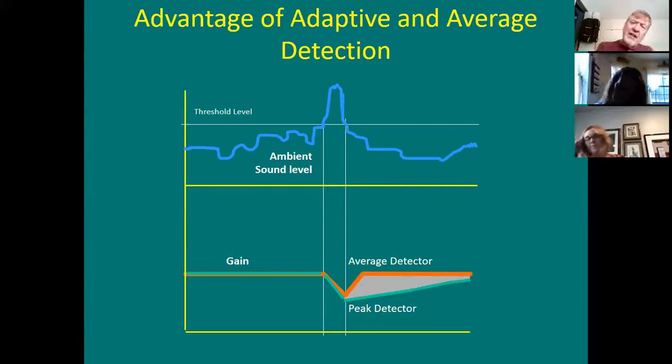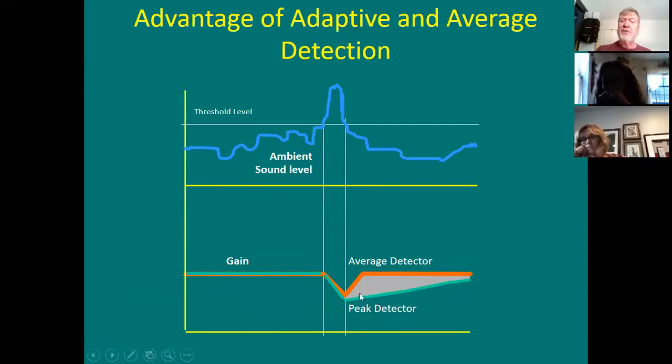In other words, let's have the attack and release times change as the nature of the sound input changes. If the sound is slow to become loud like this and then slow to become quiet like that, then let's have long attack, long release times. On the other hand, let's have quick attack, quick release. That was the idea, and it often still is the idea.